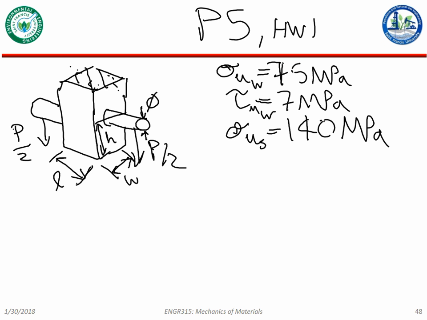As far as we've gone, the pin is purely experiencing what kind of stress? Shear, right? You have a force coming down. If I took a cross section of the pin, the force is always going to be parallel to that cross section. So the pin is in pure shear.